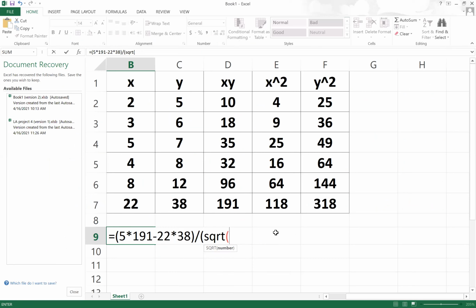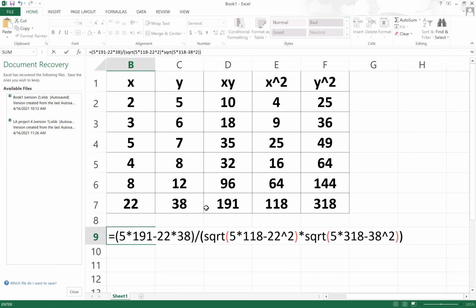First one will be sample size again 5 times summation x squared, total of x squared is 118. Okay, and minus total of x squared, 22 squared. All right, and then we'll take care of the first square root, the second square root times sqrt, sample size 5 times total of y squared, so 318, and minus total of y, 38 squared.